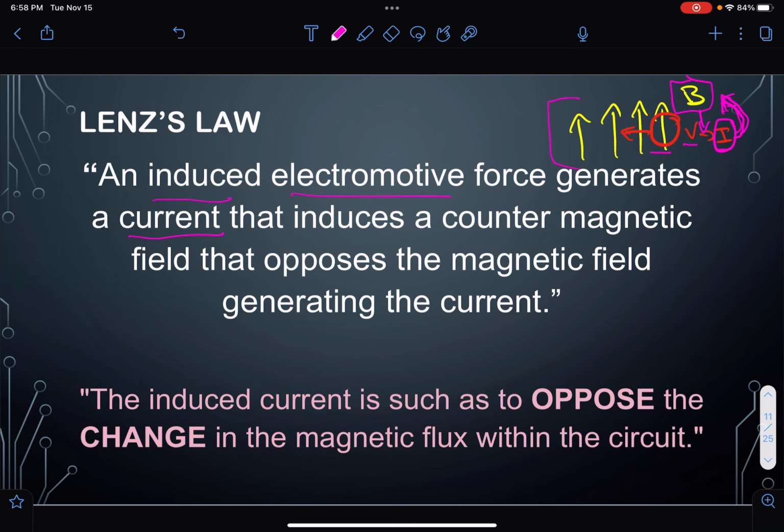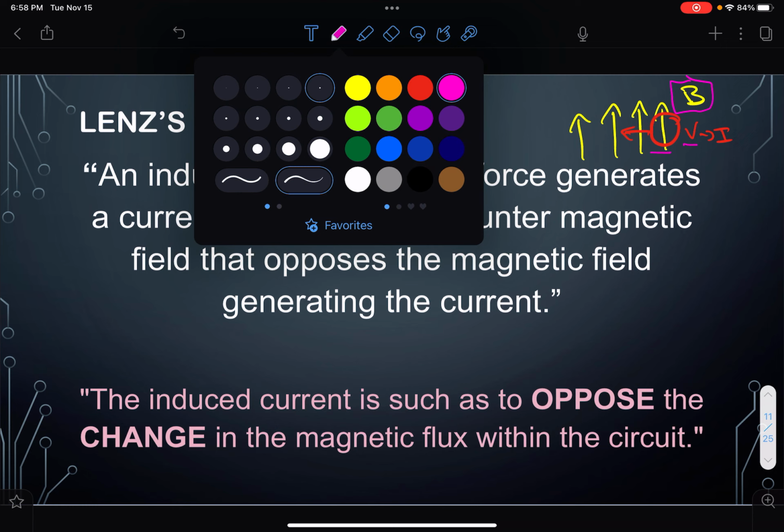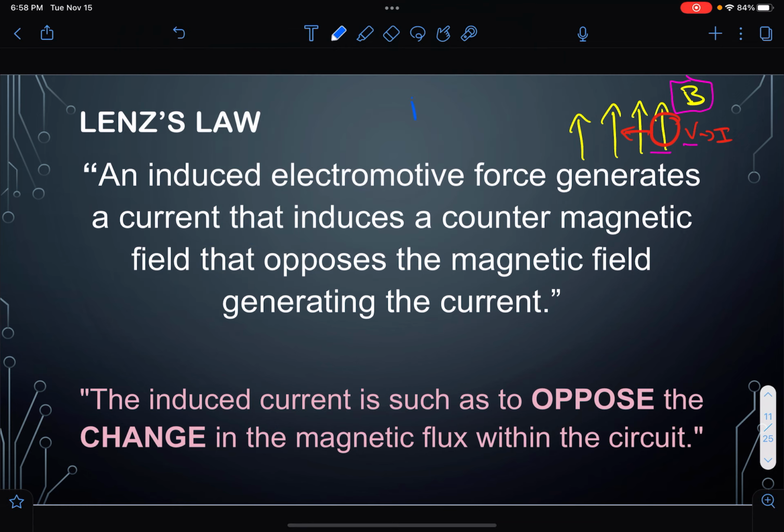Okay, so let me clear a little bit of this out. So what we have here, we have to decide whether our flux is increasing or decreasing. Okay, and so in this case, our flux, which is phi, as we're moving this loop into this magnetic field, means my flux is increasing. If my flux is increasing, then my current has to go in the opposite direction.